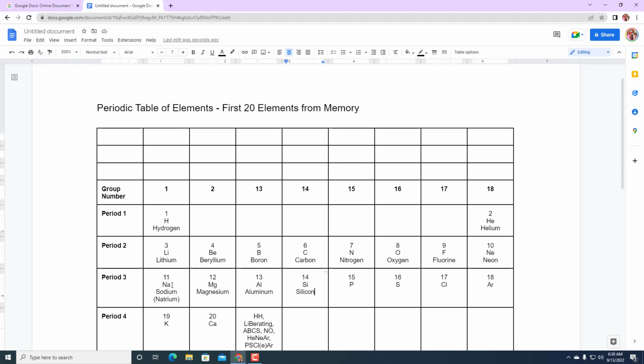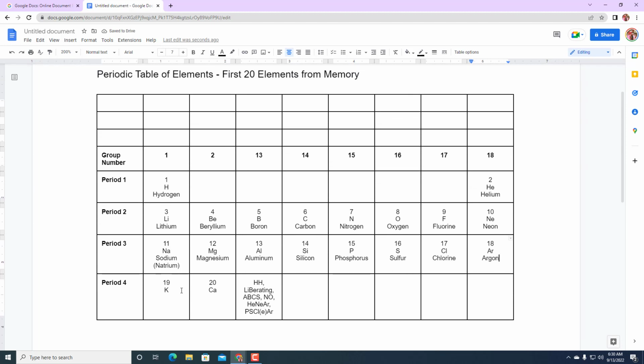Silicone includes silicon and some other things, and has some medical uses. Phosphorus, sulfur, and then chlorine, argon, 18.